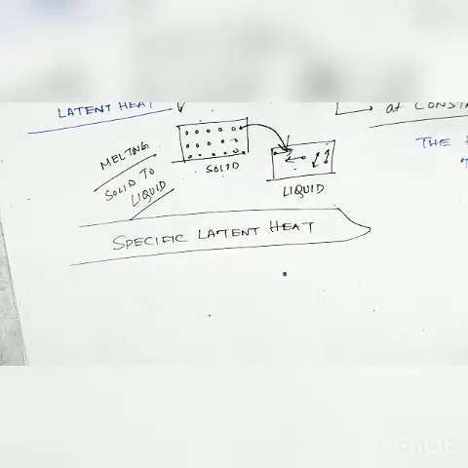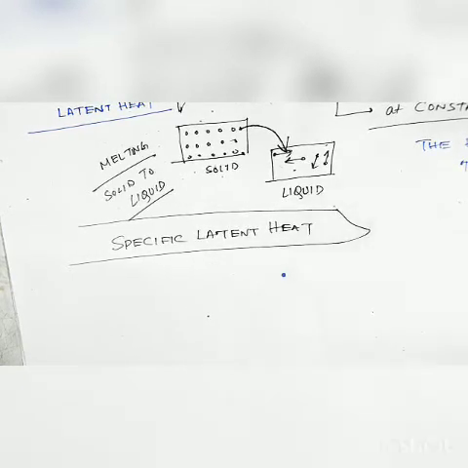The specific latent heat. I hope all of you remember, a good student will remember, the specific heat capacity. The specific latent heat is also very similar to it. It refers to the amount of heat required to convert per unit mass of a substance from one state to another. That amount of heat is called the specific latent heat of that substance.